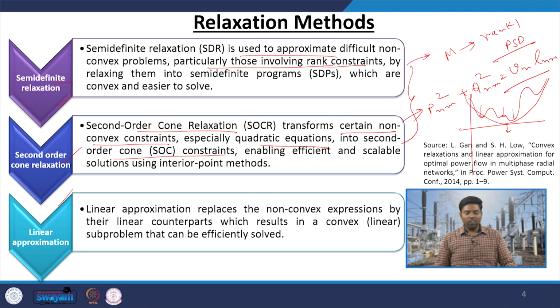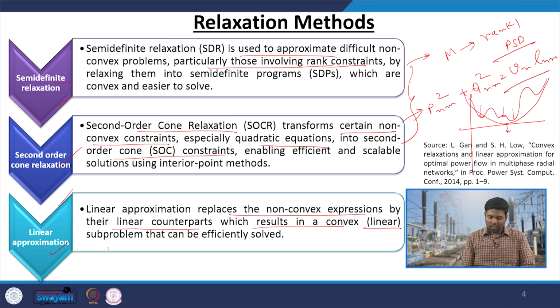It never linearizes the problem, just keep it in mind. And the last is the linear approximation, where they replace the non-convex expressions with their linear counterparts, which results in a convex but linear subproblem. So, that is the difference between the first two relaxation techniques and the last one.